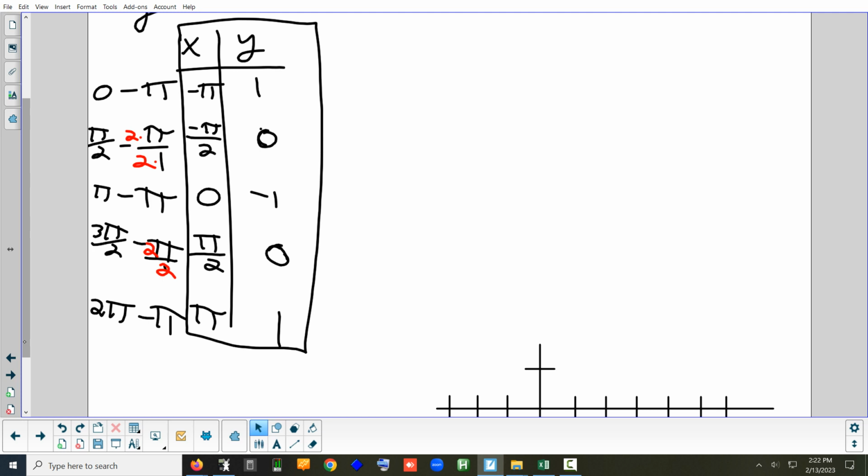Once we have the table, now we got to think about setting up the axes. What do we know about those x values I just circled in terms of their spacing? They're all spaced equally. If you take 5 things that are all equally spaced apart and you move them all together the same amount, are they still equally spaced?